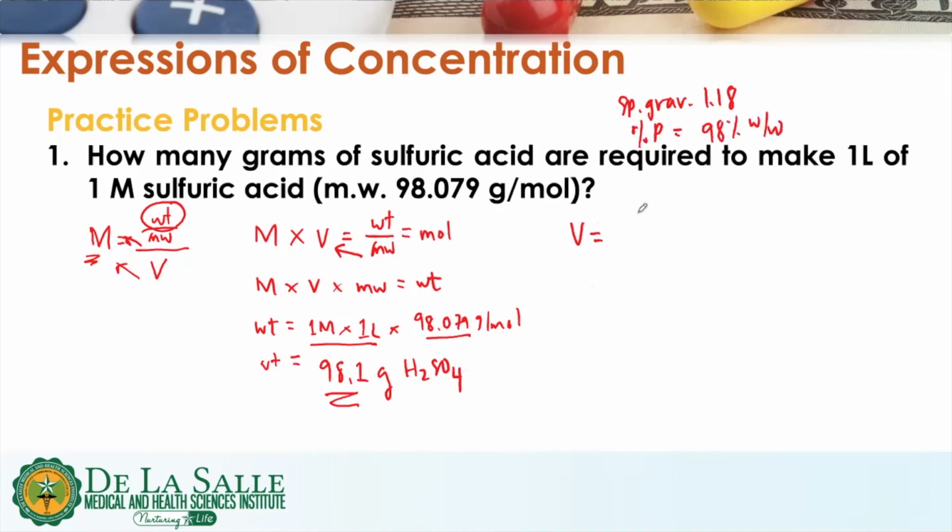So the volume is equal to 98.1 gram divided by the purity, which is expressed decimally, 0.98 times 1.18, the specific gravity of the sulfuric acid. This will be equal to about 85 or 84.83 milliliters.